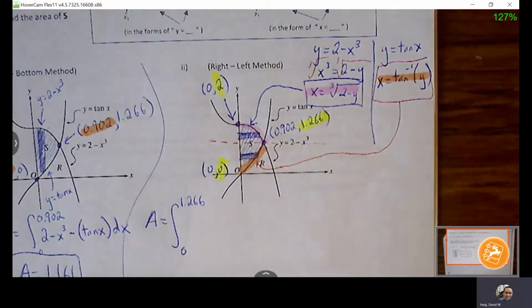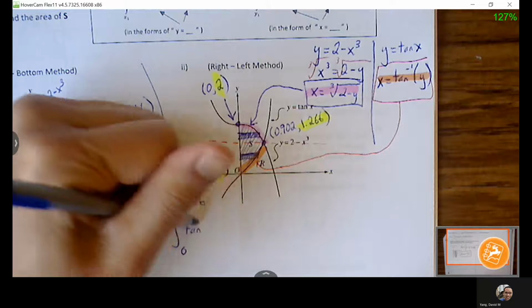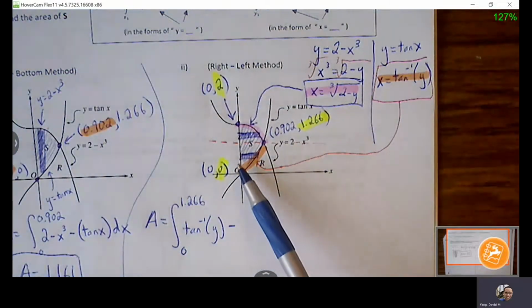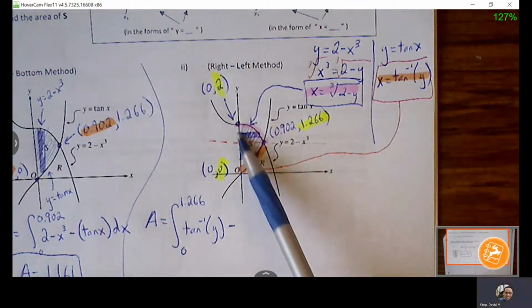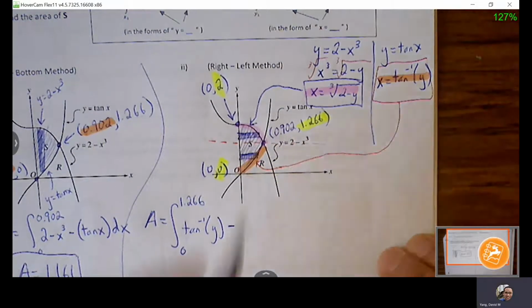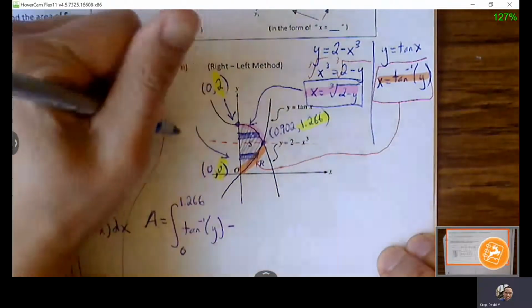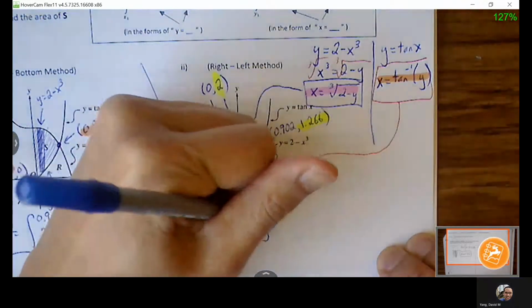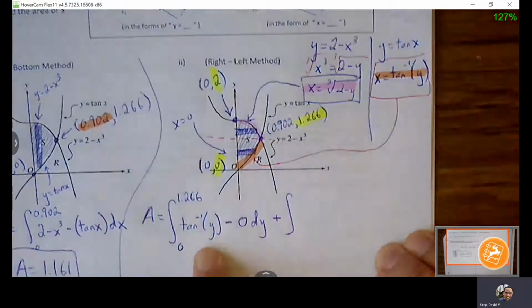Good, inverse tangent of y. Minus, what's the equation for the y-axis? Yeah, x equals 0. So this is the bottom region.